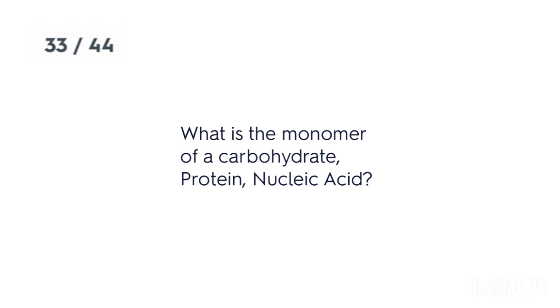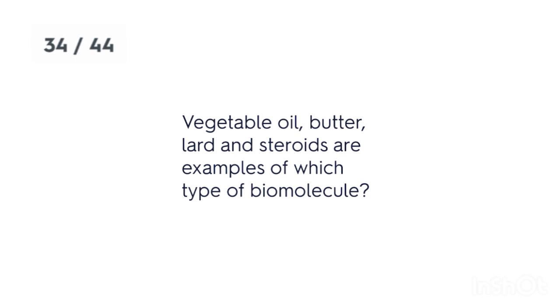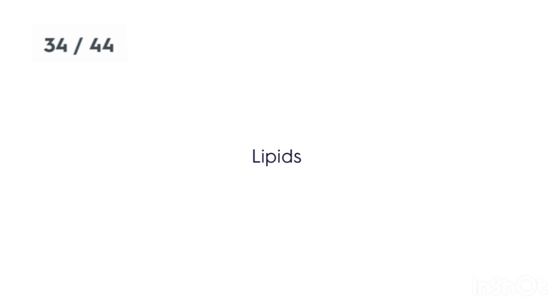What is the monomer of a carbohydrate, protein, nucleic acid? Carbohydrate, monosaccharide. Protein, amino acid. Nucleic acid, nucleotide. Vegetable oil, butter, lard and steroids are examples of which type of biomolecule? Lipids.